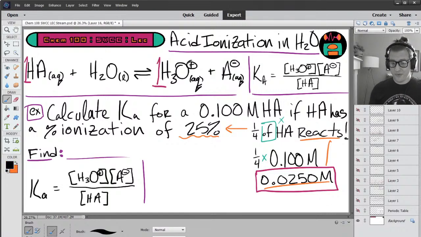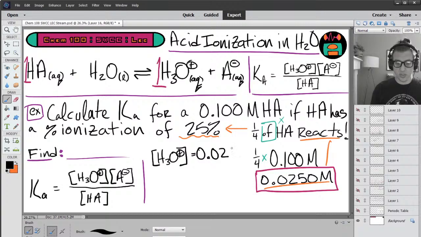So if 0.0250 molar of HA reacts, that means that our concentration of hydronium is 0.0250 molar.